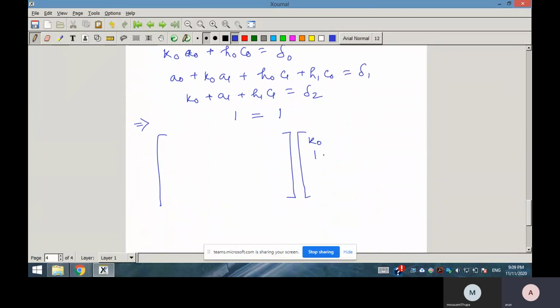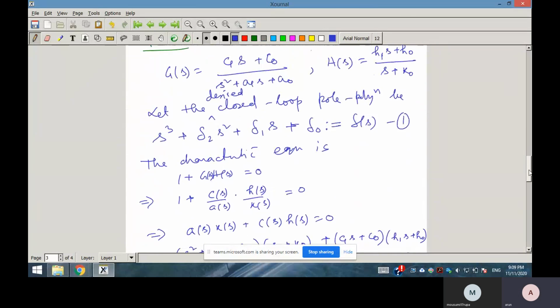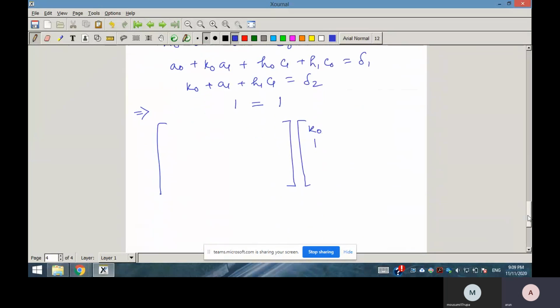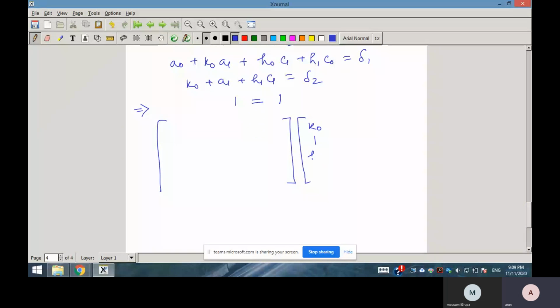What is the coefficient of numerator polynomial? h naught h1. This should be equal to what I want. Here I want delta naught. What is the coefficient of delta s? Delta 1, delta 2 and 1.